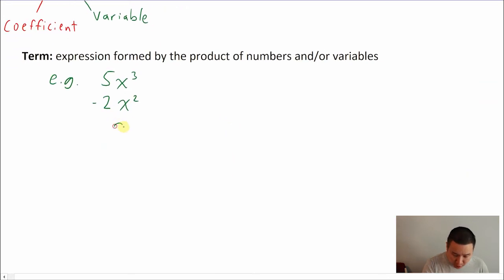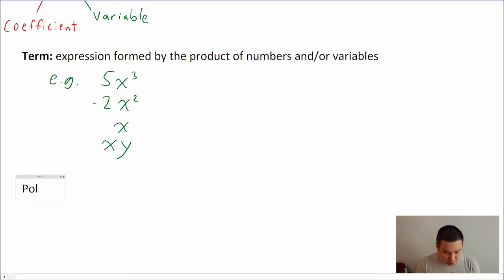We could have just a variable. Single x, 1x, that's a term. You could even have different variables, like xy. This is x times y. That's a product of variables. That's a term. Okay. Now, it's when we stitch these terms together using addition, that's when we have these polynomials.